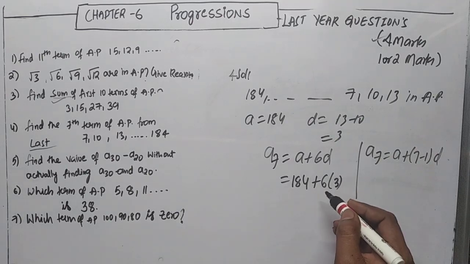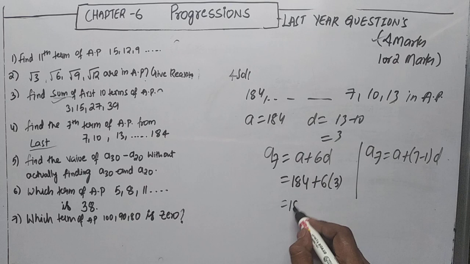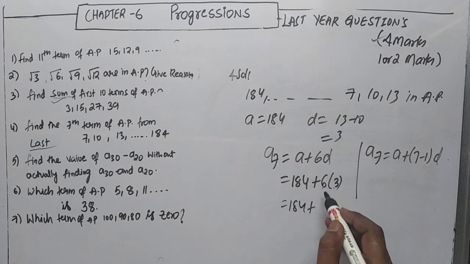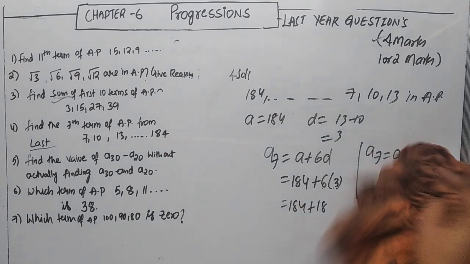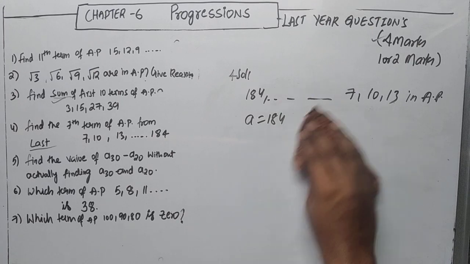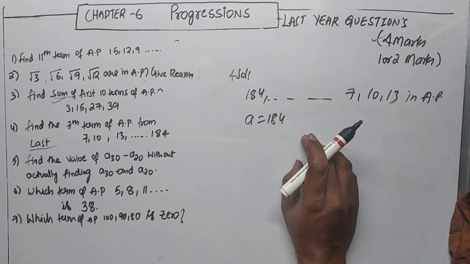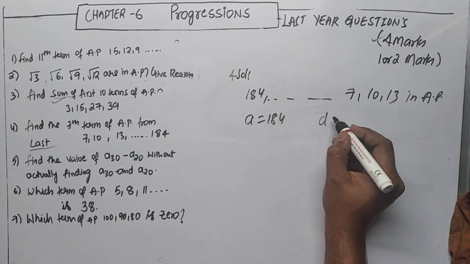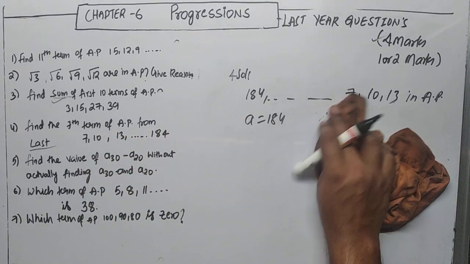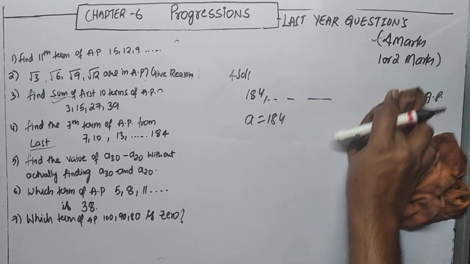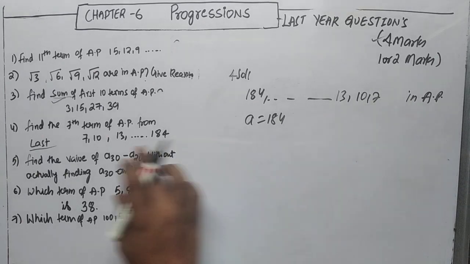So 184 plus 6 times 3, 6 threes are 18. Okay, I think I have made a small mistake here. Actually, whenever you are doing the question in reverse, the difference also has to be reversed, that is, taken with a minus sign. Suppose the given series is 7, 10, 13. I have written it wrongly here. Okay, I have written something wrong. This will be 13, 10, 7, but I wrote 7, 10, 13.